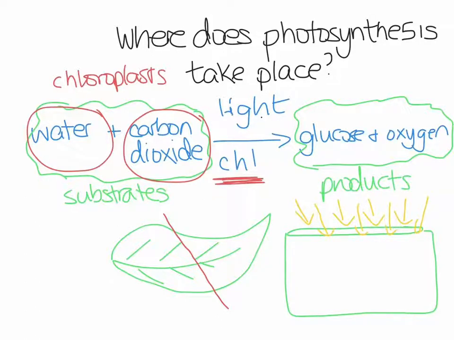And so those cells there at the top, they're going to photosynthesize. These cells down here basically are a waste of space. They're not going to get any light. They're not going to be able to photosynthesize. And that's why leaves are very flat and thin. They have a large surface area to absorb as much light as possible, and they're very thin so that all the cells can get light.